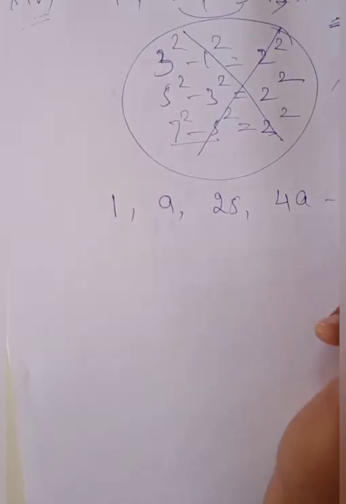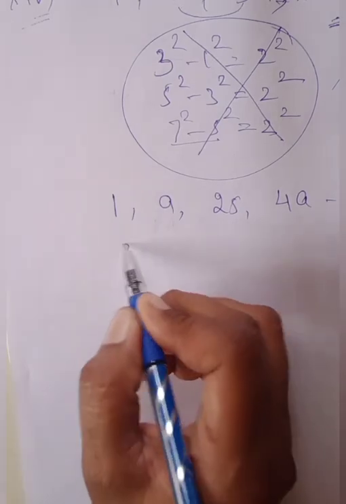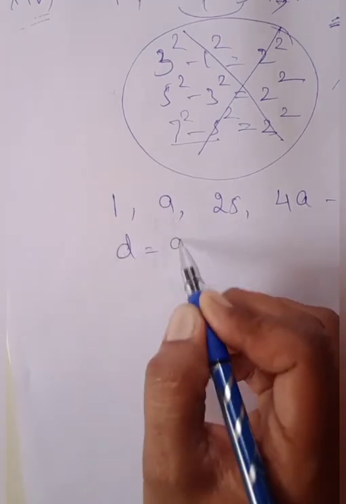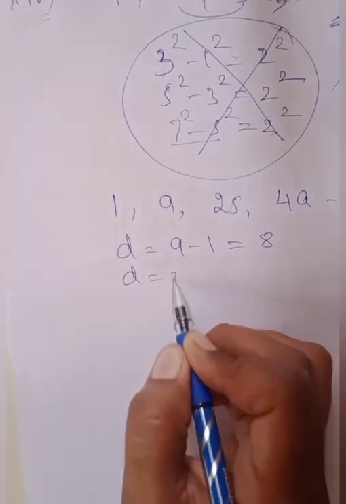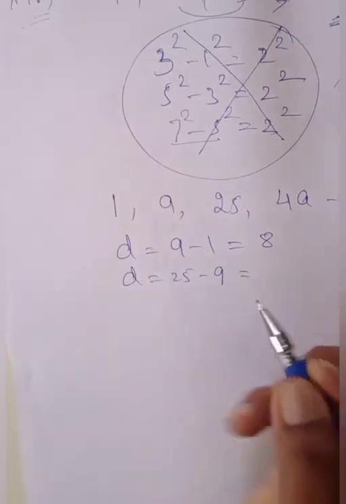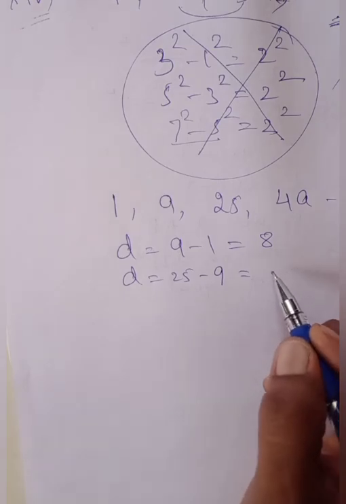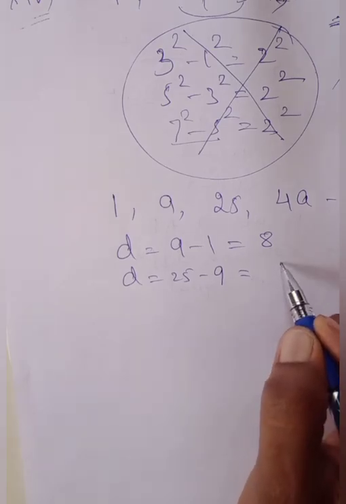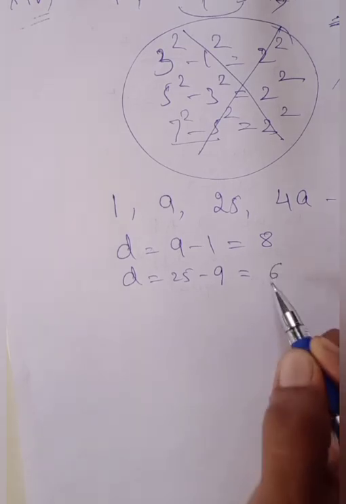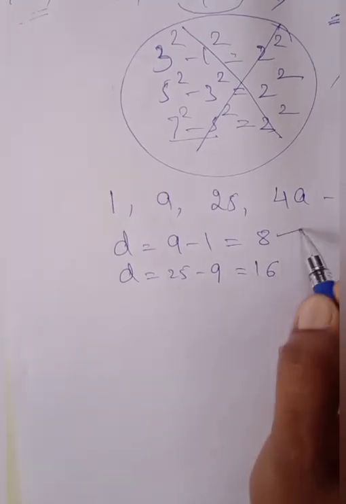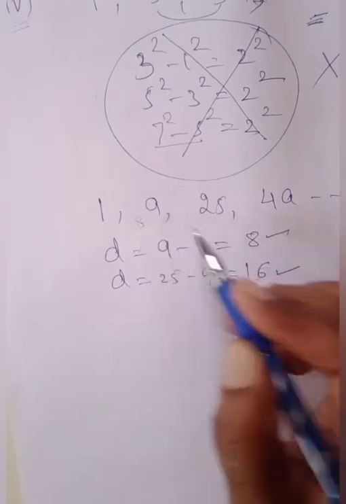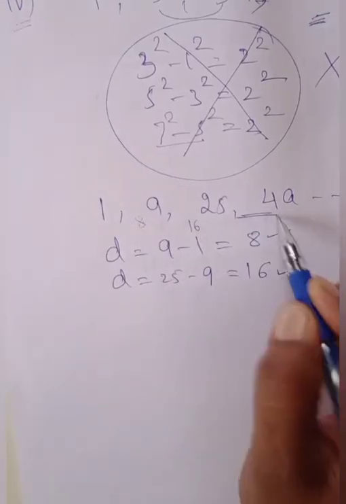Next, your work becomes very easy. Now the difference between these two, 9 minus 1, is equal to 8. And the next difference, 25 minus 9, how much is it? Yes, it is 16. Now when we see the difference between this one is 8 and this one is 16, you are not going for the next difference.